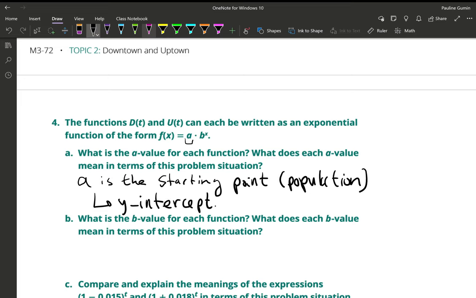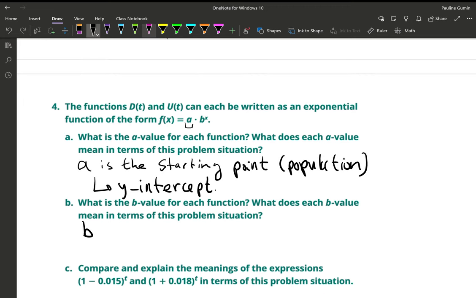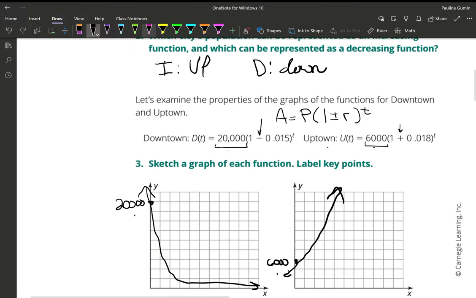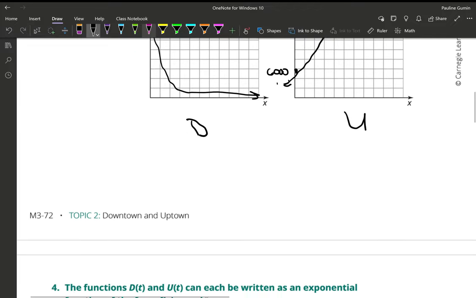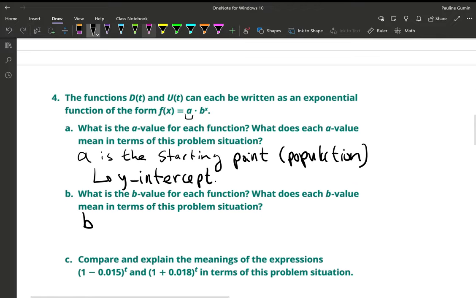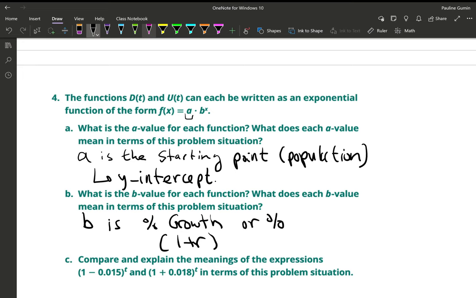The b value. Well, the b value is our growth and our decay. And we saw it in parentheses up here, but this is our b value if we actually did the addition or subtraction. So b is percent growth, which would be 1 plus r, or percent decay, 1 minus r.